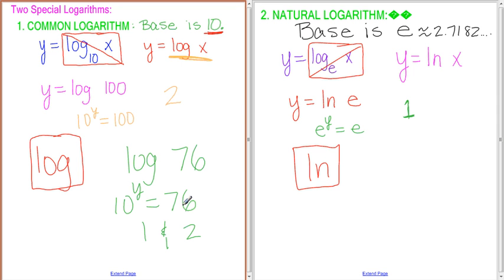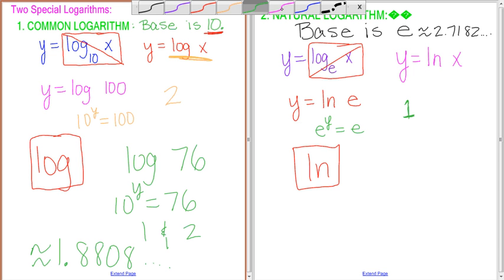But we can go to our calculator and get an exact answer. All you have to do is type in log 76, hit your equal sign, and you will see that it is approximately equal to 1.8808, and so on.